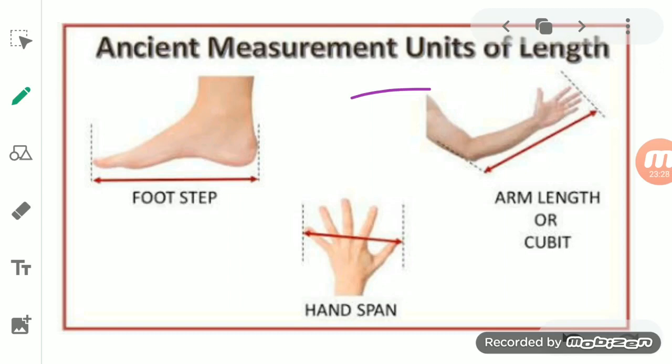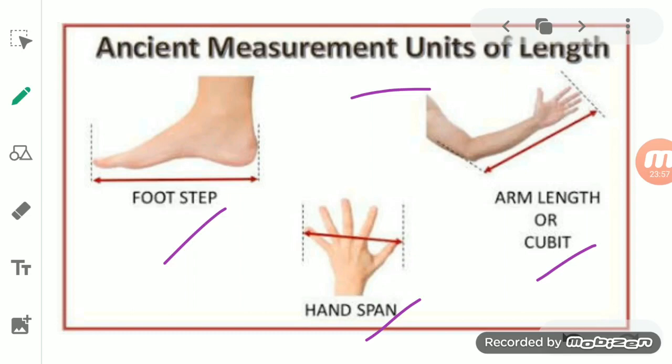In earlier times, people used different parts of their body, whether it is a footstep, a hand span, or an arm length, which we call a cubit. So they used different body parts to measure anything, as a unit of measurement.